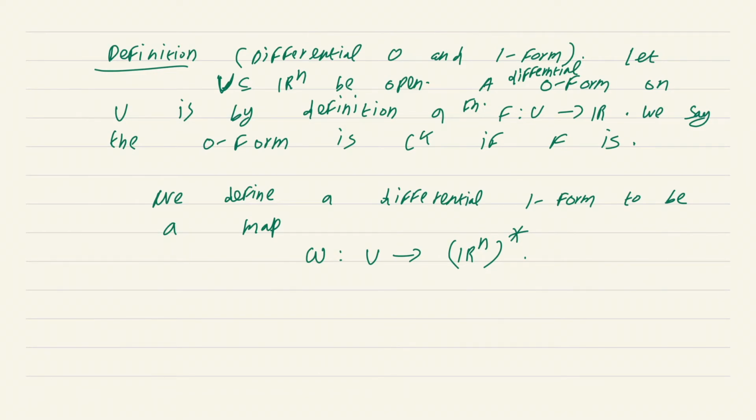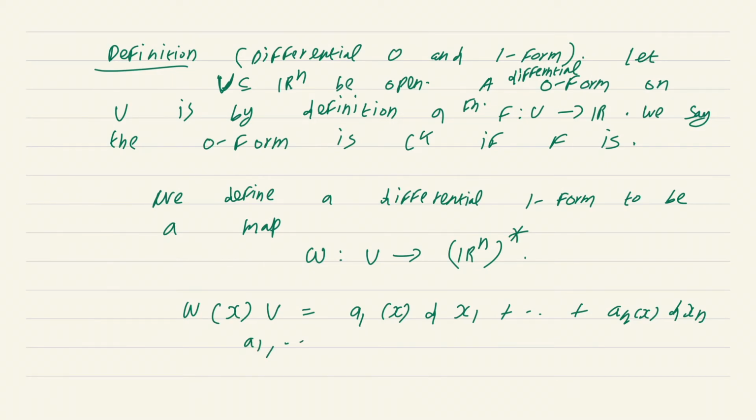At each point a, it gives you a linear functional from Rn to R. Now that just means that we can write omega at the point x of v to be nothing but some a1(x) dx1 plus dot dot dot plus an(x) dxn, where a1 to an are functions from U to R.